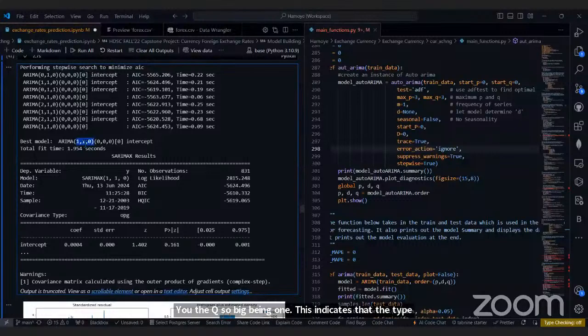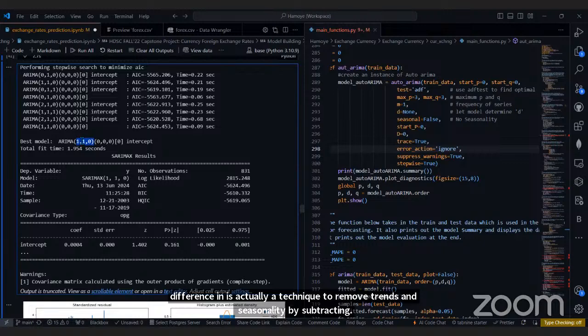Differencing is a technique to remove trends and seasonality by subtracting the previous observation from the current observation. So in other words, the model includes the immediate past value to predict the current value.